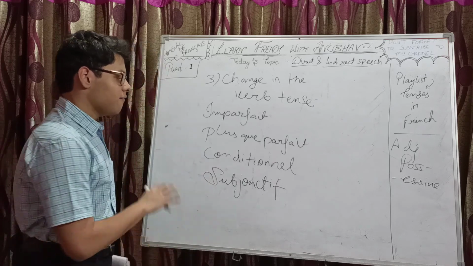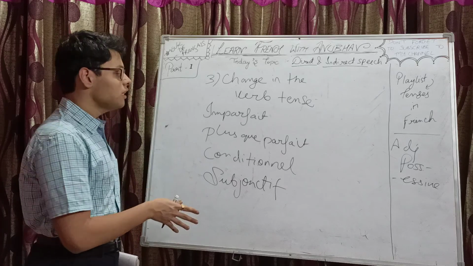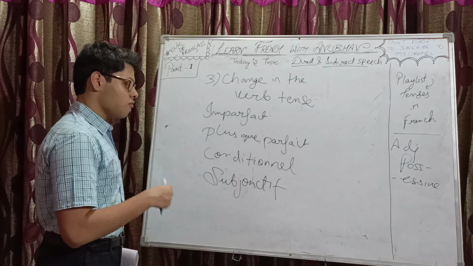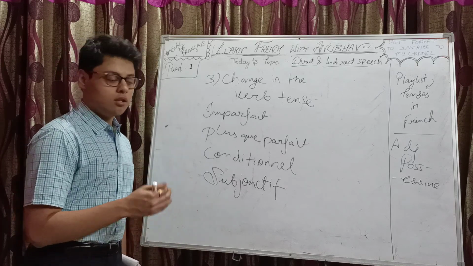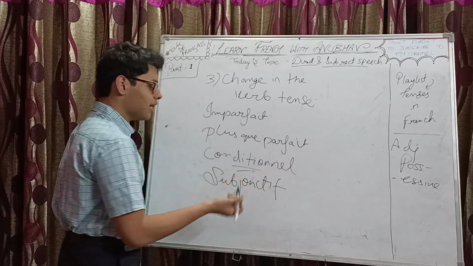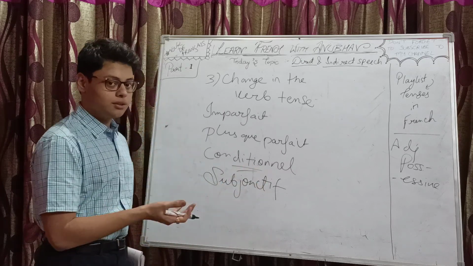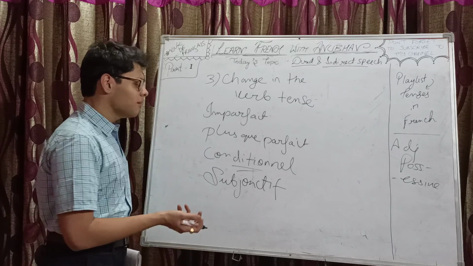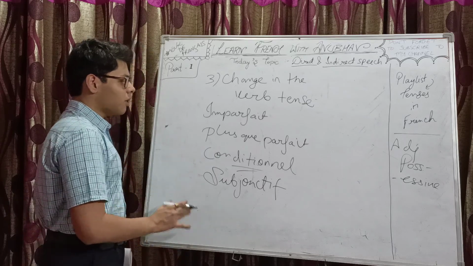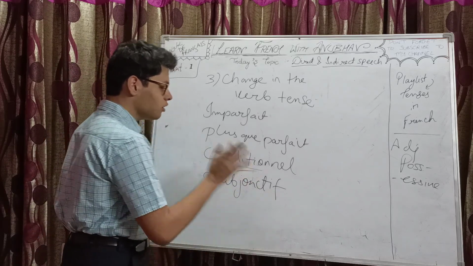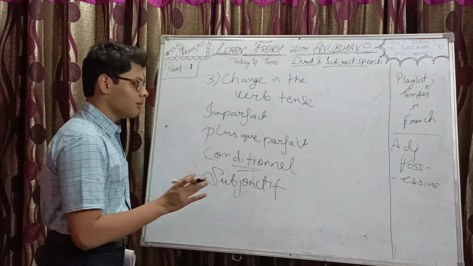So basically we have these four tenses which won't change, and this goes for both present and past, présent conditionnel and conditionnel passé, both of them. So when you are going from direct to indirect, the tense will not change.